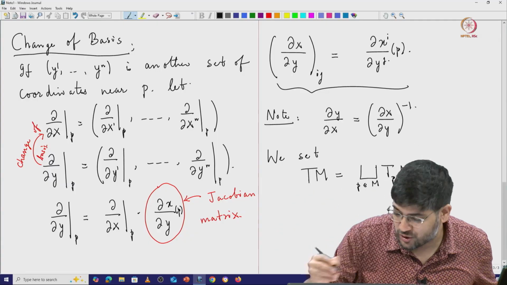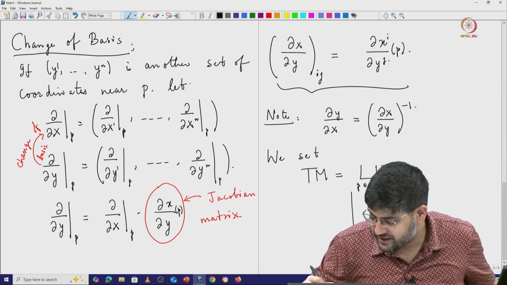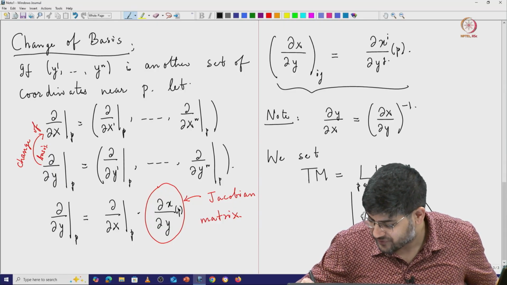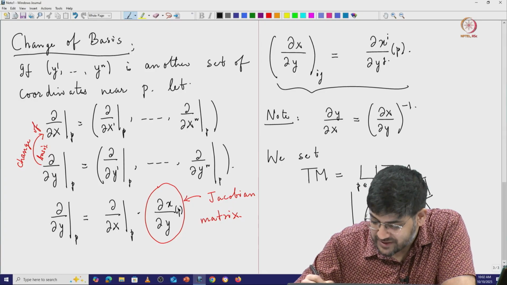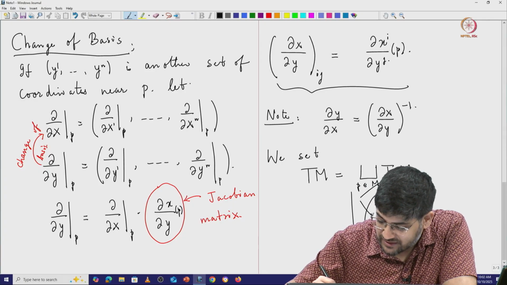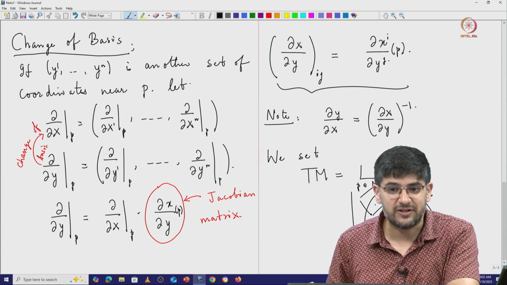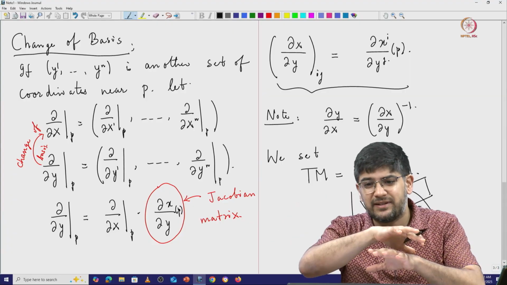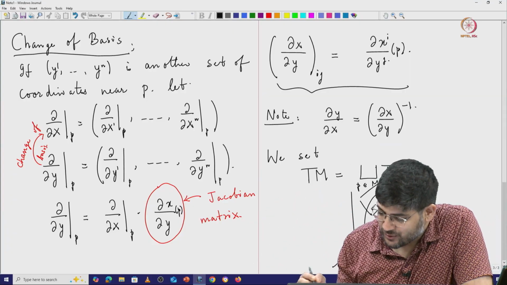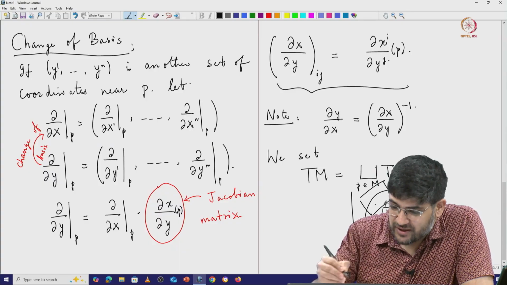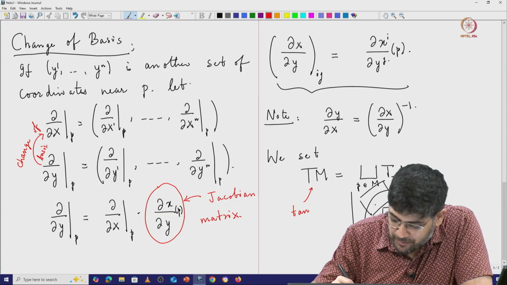Let me draw a picture in R3. Let's say we have a surface. At some point here you have a tangent space. At some point here you have another tangent space. At some point here you have yet another tangent space, and so on. So now we want to look at the whole collection of all possible tangent spaces. That is denoted by TM, and this is called the tangent bundle.